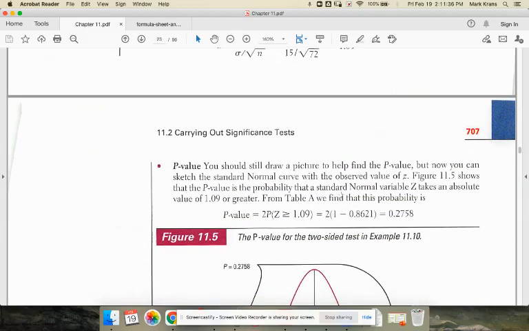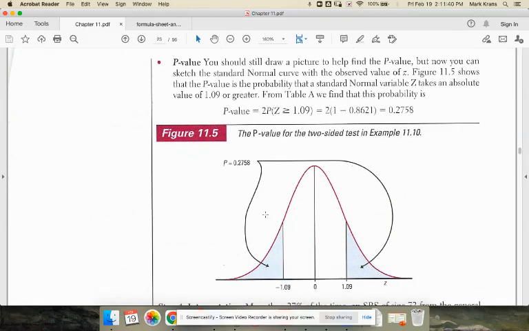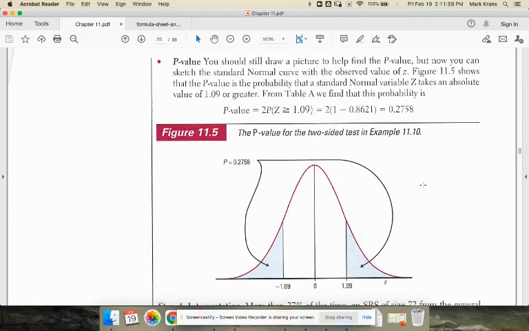Okay. And then my p-value is doubled because it's on both sides. Okay. So the probability of both of them combined is .2758. If you just did the probability of one of them, you would get about 14% beyond this or 14% below that. And then you double it to get the almost 28% for your p-value.